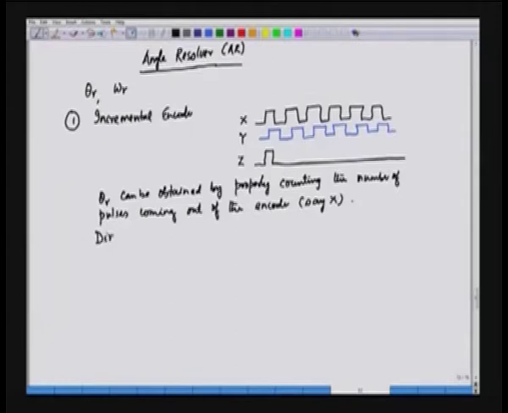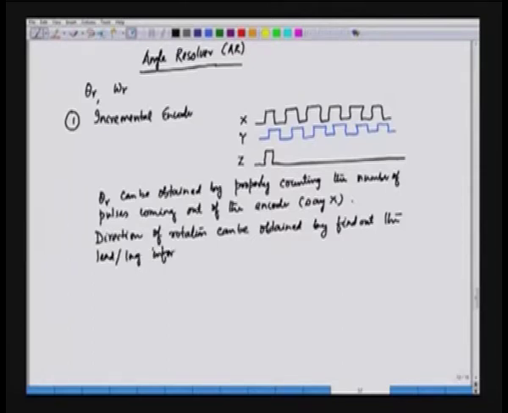The direction of rotation can be obtained by finding out the phase angle or the lead lag information between x and y.